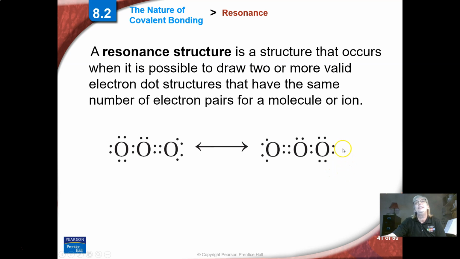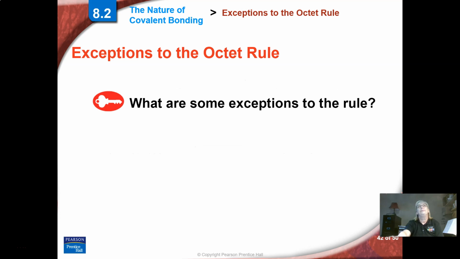It's really the electron cloud smearing itself equally across the 3 oxygens. And so that's a resonance structure. So if you can draw a Lewis structure and you can show it in multiple ways, there's probably a resonance going on, and the electron cloud is sharing equally over the entire molecule. So that's resonance, and I'll show you that later, but this is an introduction to resonance.